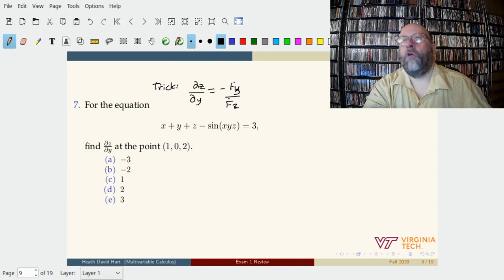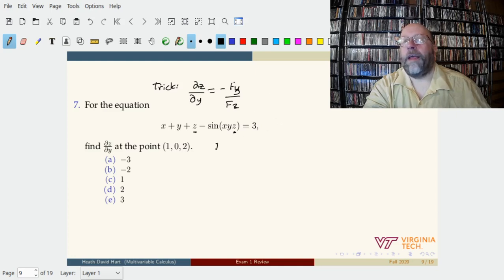So if I take the partial derivative of this whole thing with respect to y over the partial derivative of the whole thing with respect to z, change the sign, that's the same thing. The advantage of this is that I don't have to solve this for z. I don't have to figure out how to get the z by itself when it's in both of these terms. And this term is kind of complicated.